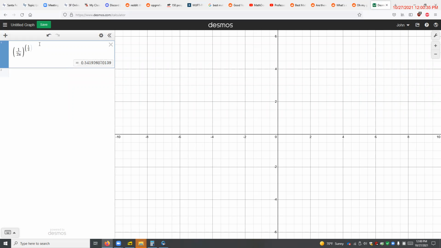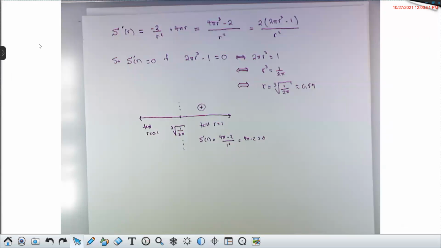It's about 0.54. So over here, I could test r equals 0.1, right? 1/10. That's an option.